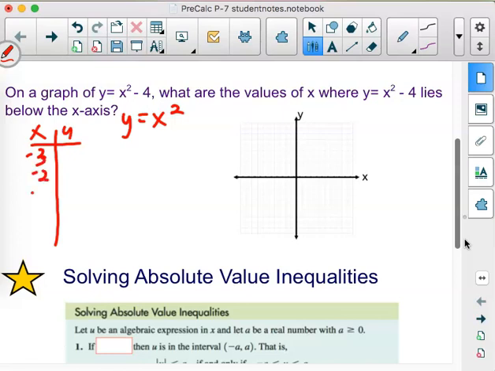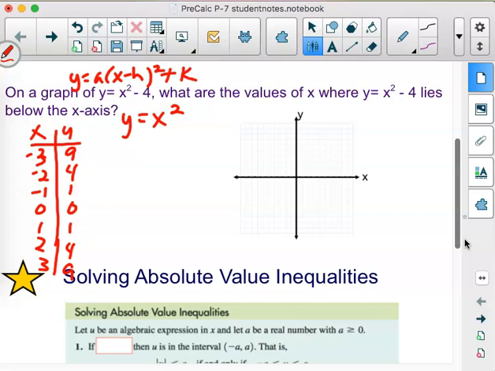And just in case we've forgotten, we put in numbers like -3 to 3 and said, okay, if we square them, that's going to be 9, 4, 1, 0, 1, 4, 9. But this one has the -4 tacked in the back. And that's because when we think about our good old h and k, that -4 is a k.